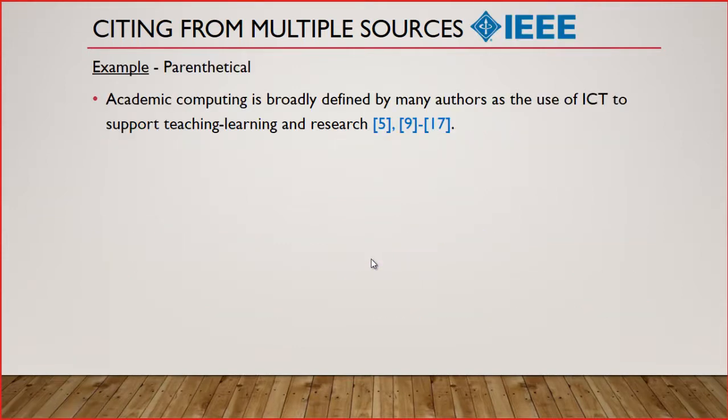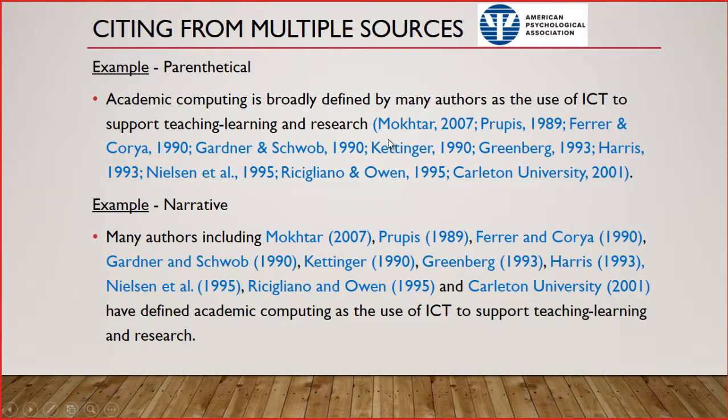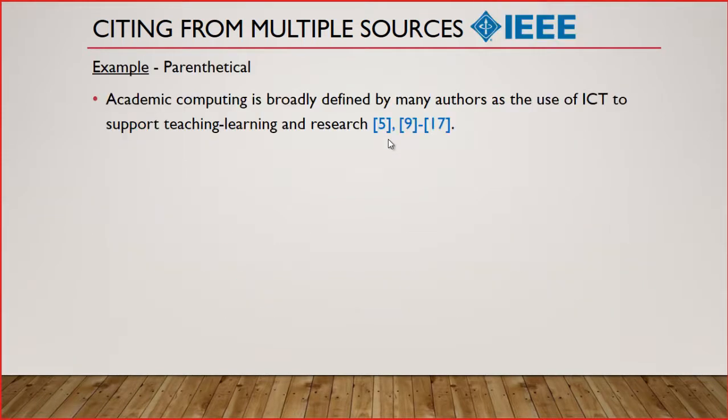For IEEE, because you are referring to just numbers, for example, let's say Mohta 2007 is number 5. So you can put in 5, comma.